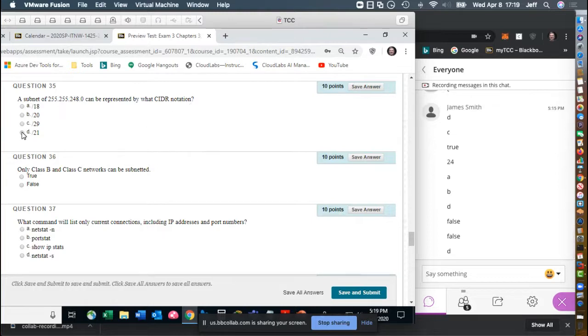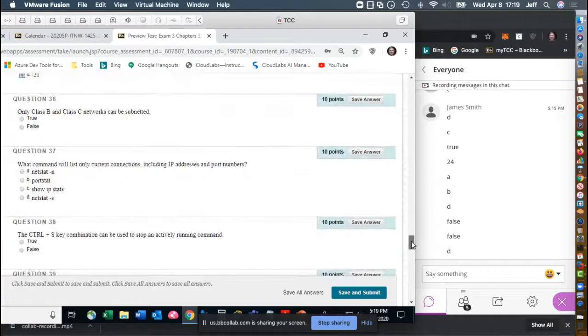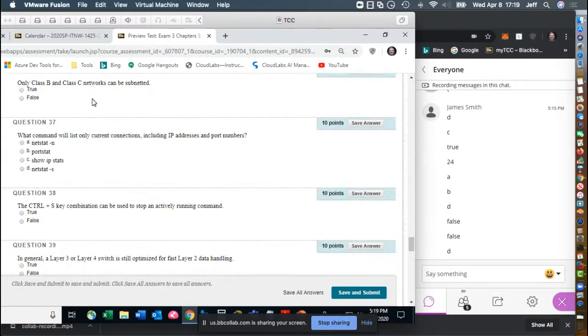D, right, it's a /21 because it's got 5 extra bits on top of the 16, right? So 21. All right, only Class B and Class C networks can be subnetted. Yeah, false.